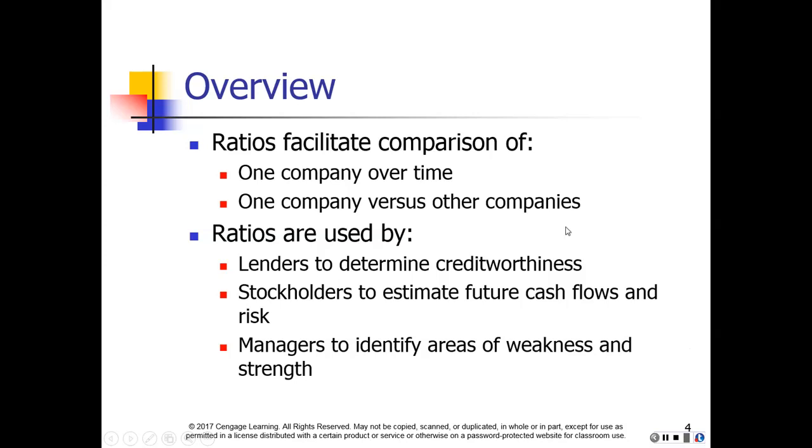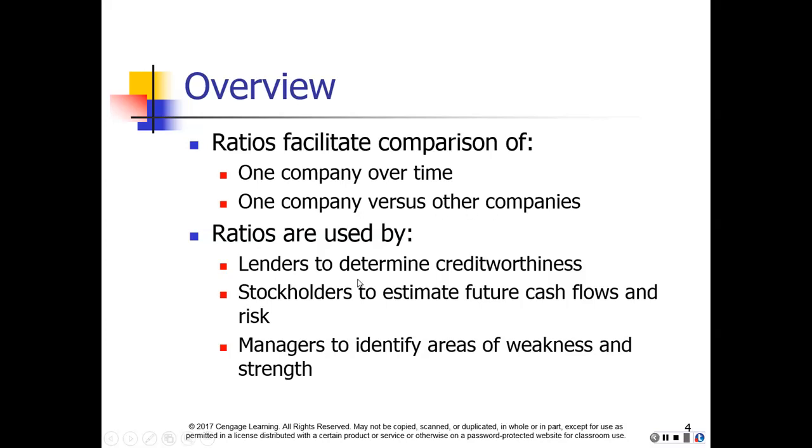All right. So what are these ratios good for? Well, they allow us to compare one company and its finances over time to see whether it's improving or declining. But also we can compare one company versus other companies in the industry to see, relatively speaking, if this company is financially sound. Who uses these ratios?